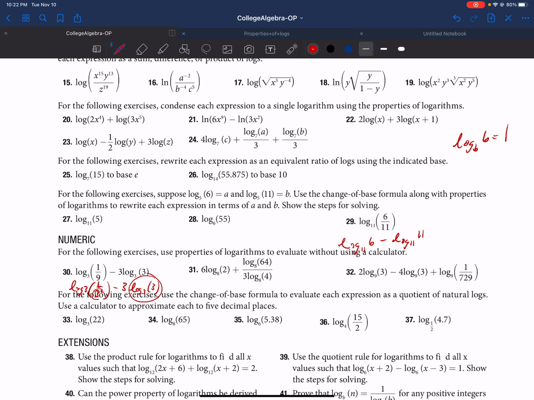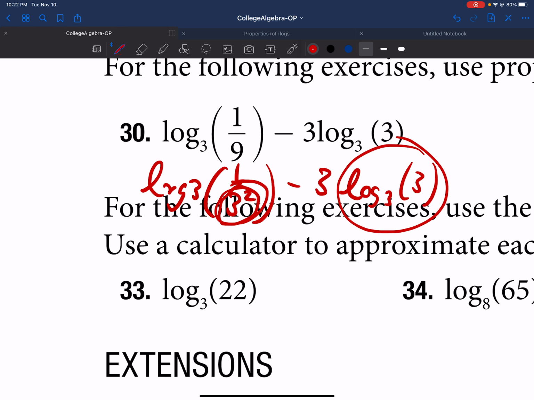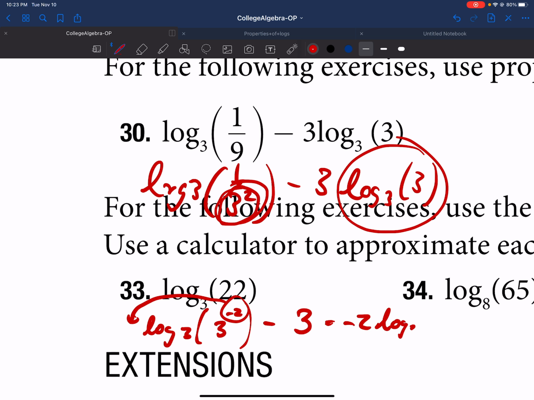And I can then use the properties of exponents to bring this up to the top. And watch what we get. So I'm going to have log base 3 of 3 to the negative 2 minus 3. And if I bring that minus 2 down, it'll sit out front, and I will get minus 2 log 3 of 3 minus 3. And log 3 of 3 is 1 because that 3 matches that 3 right there. So the answer actually is negative 2 minus 3.